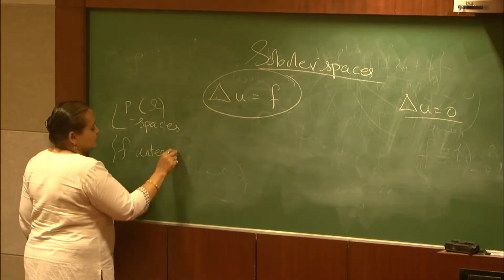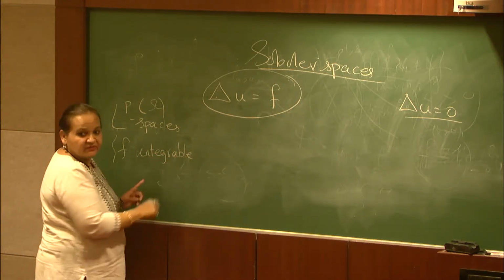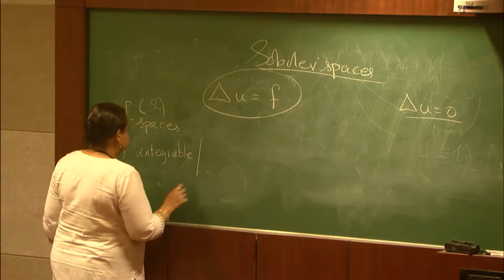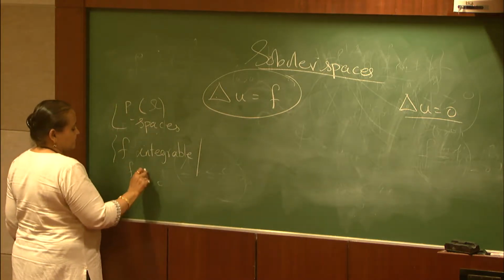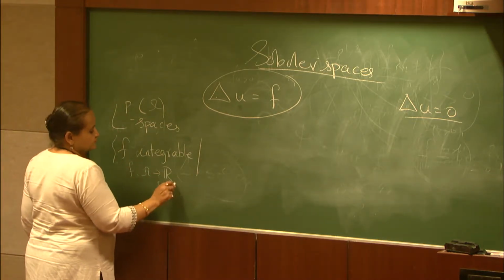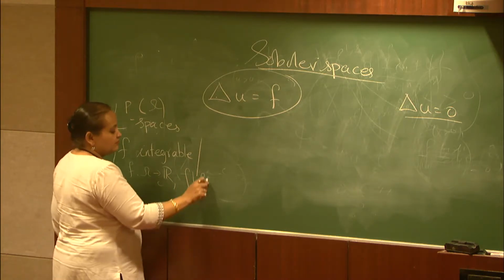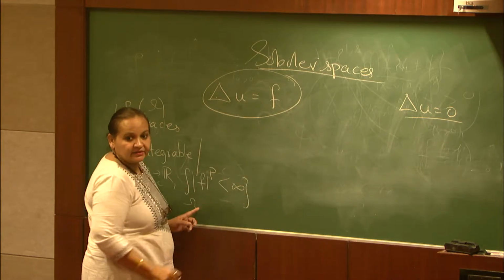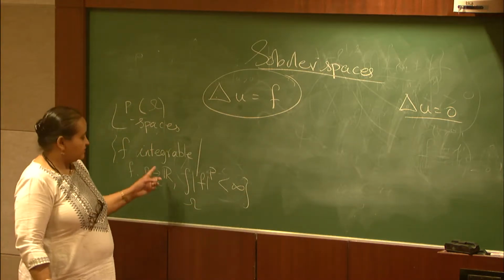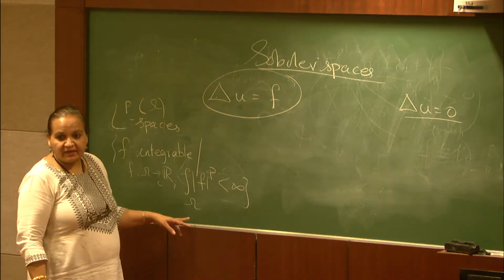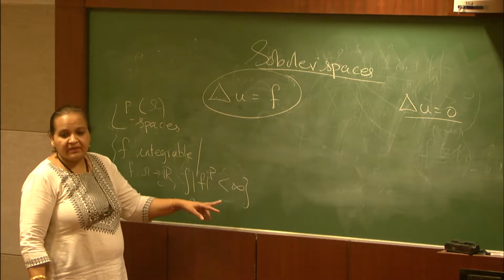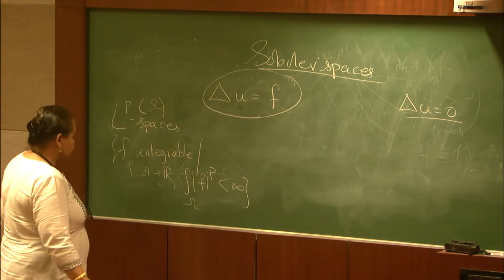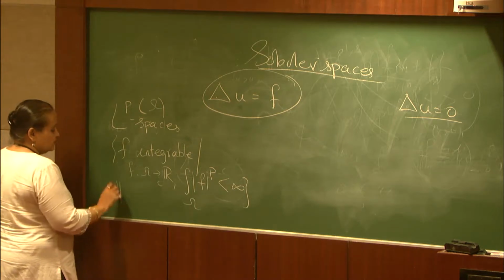You want them to be integrable functions such that the integral of mod f power p is finite. Okay, so these are integrable functions with the property that the integral of mod f power p is finite. And what do we know? We know that this is a Banach space.